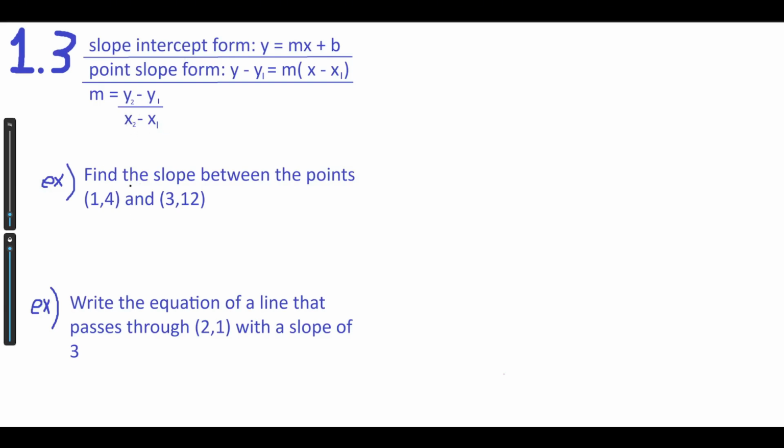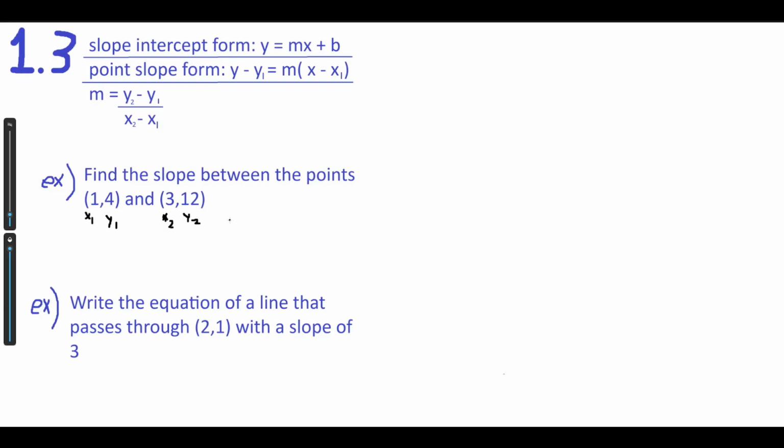So let's start with two examples. First example, find the slope between the points (1, 4) and (3, 12). So right away I'm thinking m, because we are given these 2 points where 12 is y2, 3 is x2, 4 is y1, and 1 is x1.